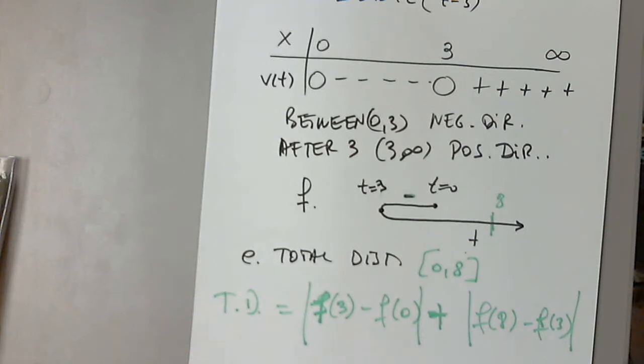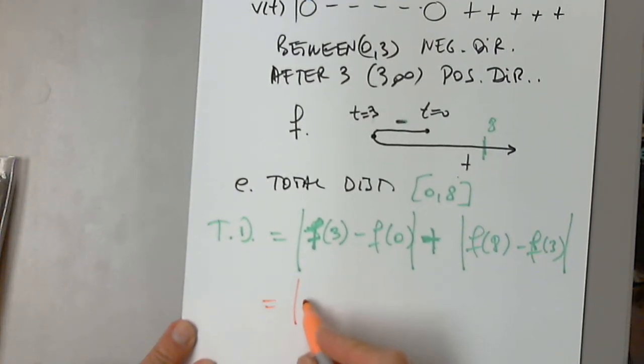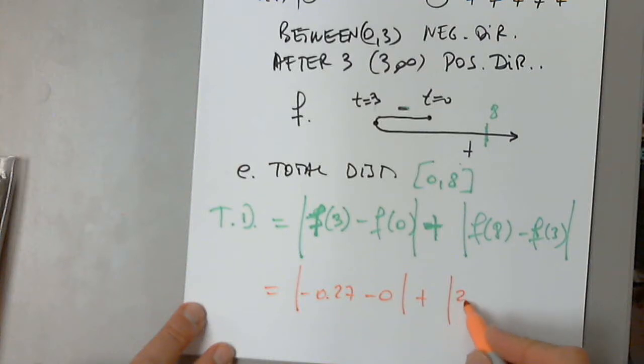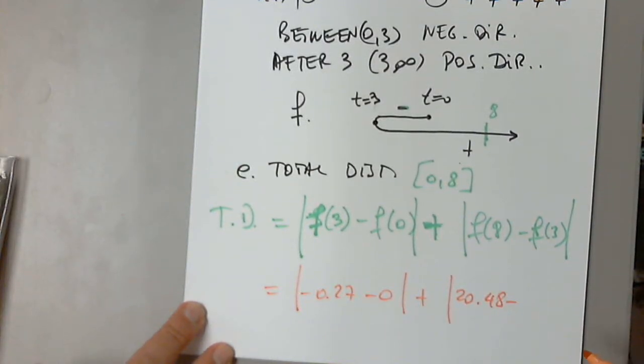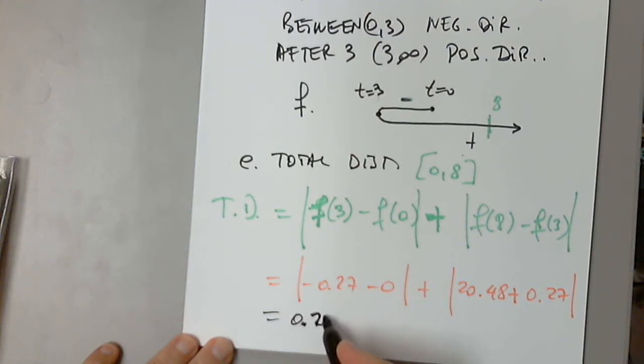So now careful how we put this in. So the absolute value of f of 3 is negative 0.27 minus 0, plus the absolute value of f of 8, which is 20.48, minus f of 3, plus 0.27. So this would give us the total distance. So this is the absolute value of negative 0.27, so that's 0.27.